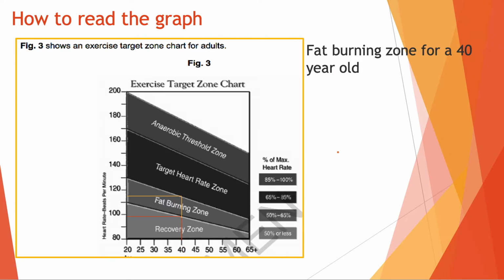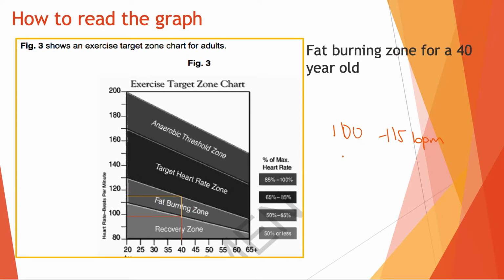So for this 40-year-old, it would be between about 100 and 115 beats per minute in order for them to stay within that fat burning zone as a 40-year-old. And that highlights a really important concept here, that a younger person working in the same zone will have a higher target heart rate than an older person who is working in that same zone.